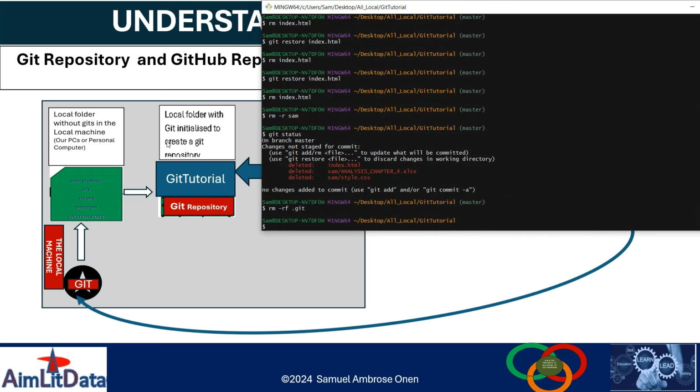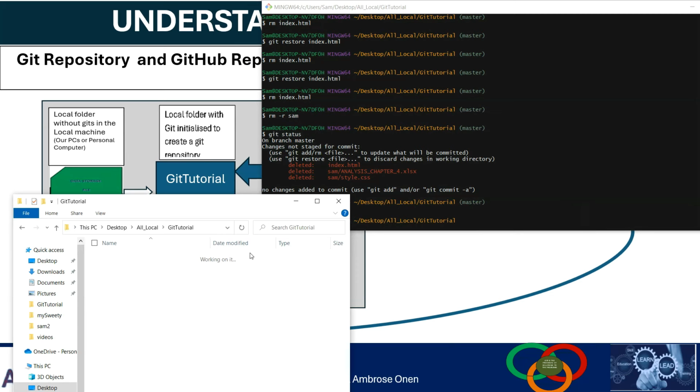This Git tutorial now is without Git. When you look at it right now, the tutor folder is without Git because we have removed everything. We have cleared it, and that is the mission for this video. I just wanted to clear that completely, and also so that we start reconfiguration again.